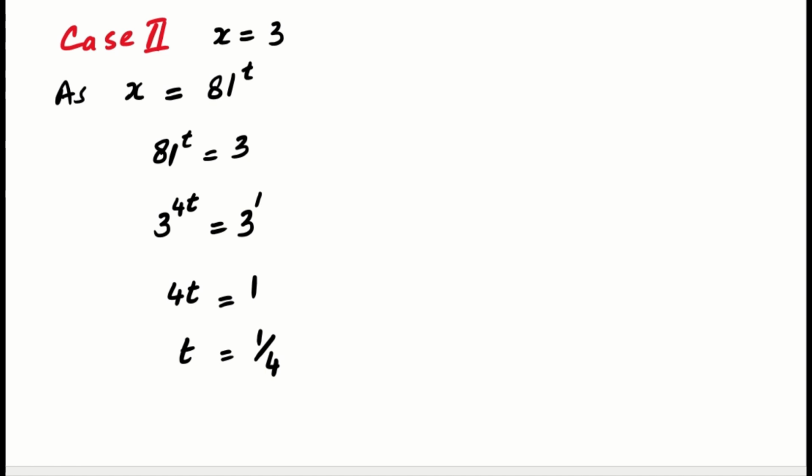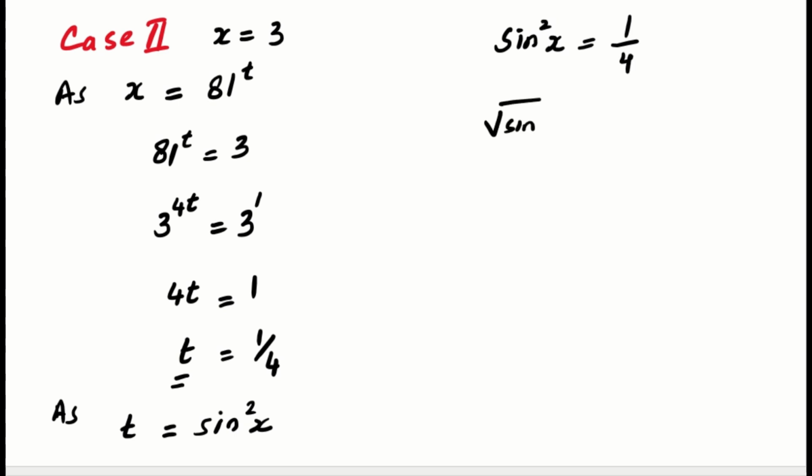Now recall the value of t, as we know that t is equal to sine square x. So sine square x is equal to 1 over 4. We will take square root of 1 over 4, and now we will get sine x is equal to plus or minus 1 over 2.